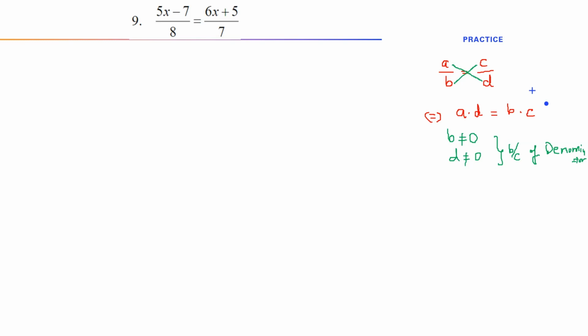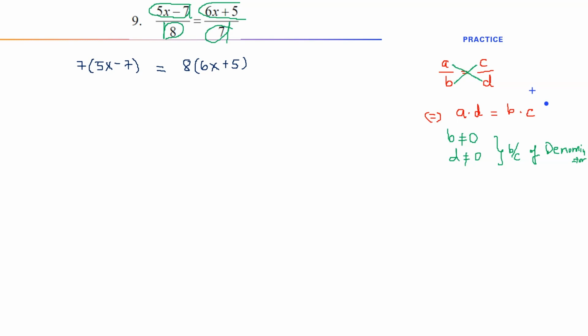But then we have this one is our A, our B, our C, and our D. So we have to rewrite them again. So 7 times 5x minus 7, that's the first cross, equal 8 times 6x plus 5.